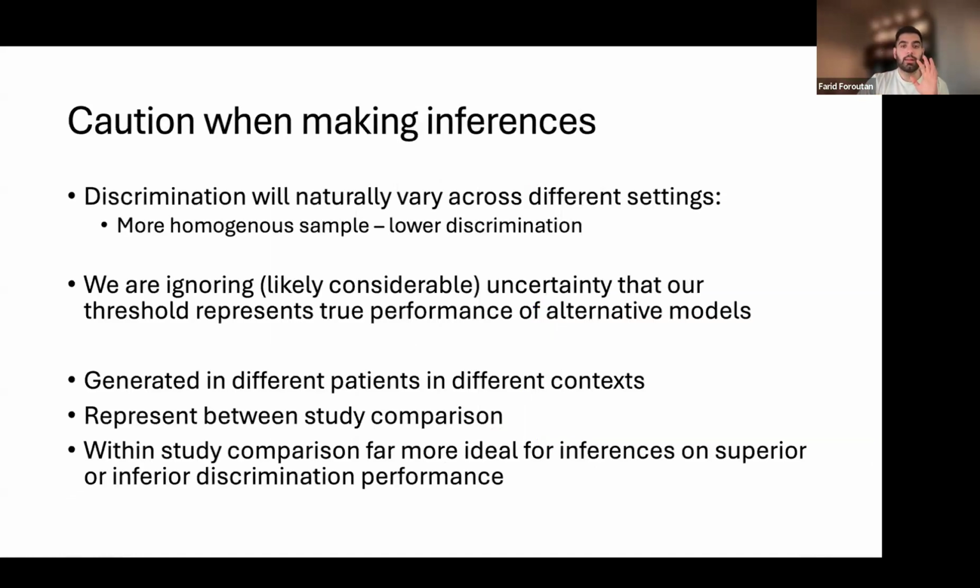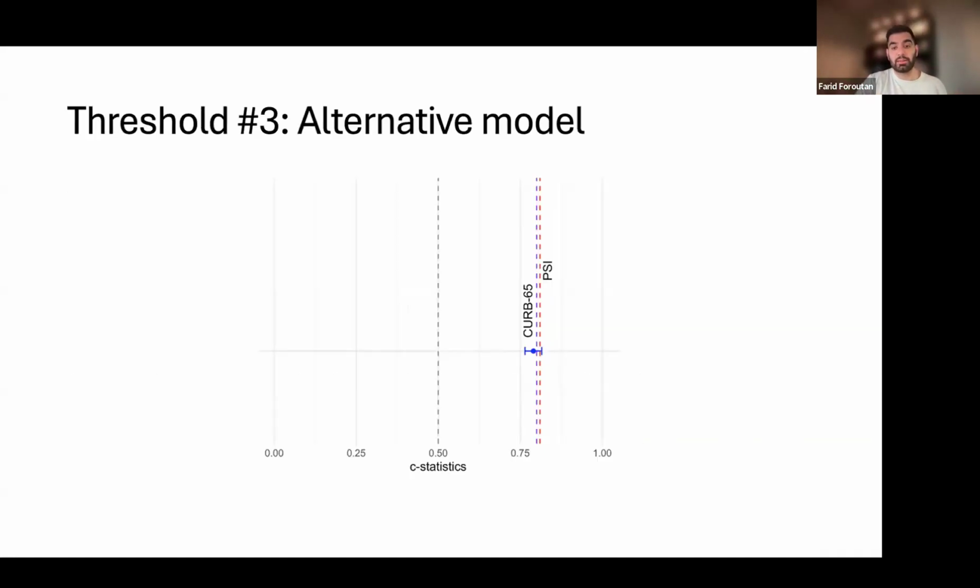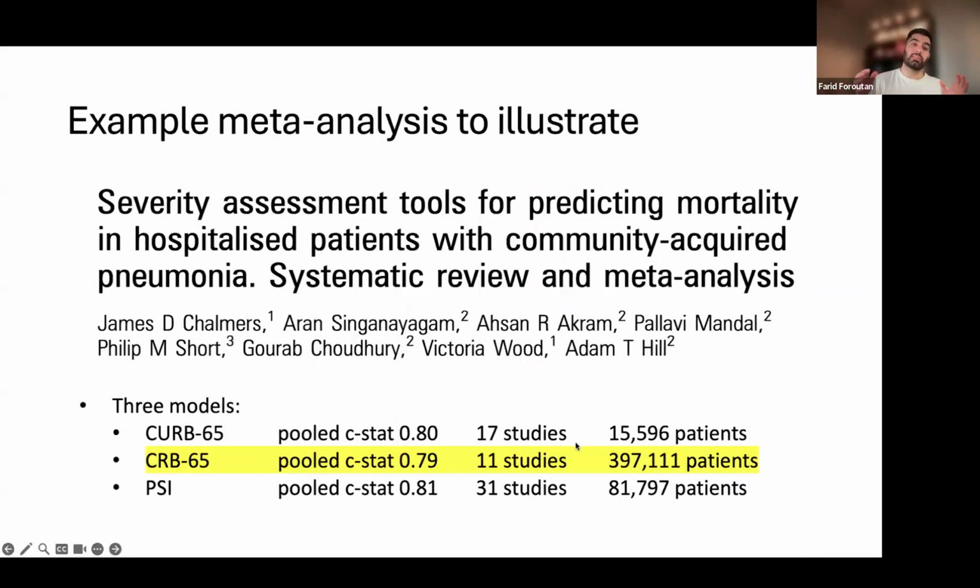So again, one thing to note here is that it's easy to fall into this trap of saying, okay, well, CRB65 is not better than those other models. But if you go back to the slide, they're not all exactly the same studies. They're not all exactly the same patients. There may be important differences between them that may explain the results.